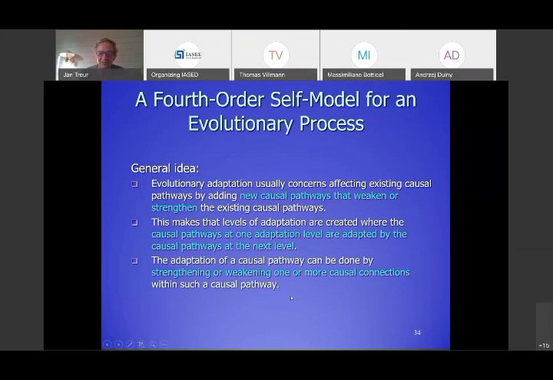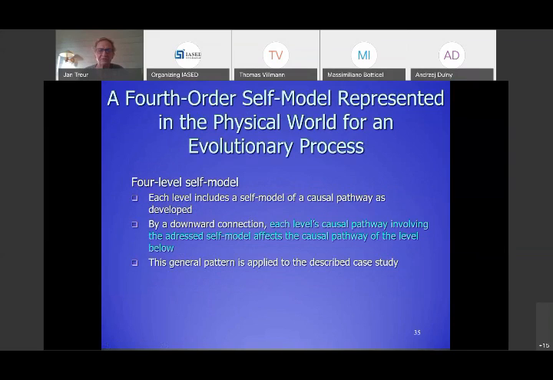I will illustrate it by a relatively simple model, a 4-level self-model. So it's 4th order adaptive. Each level includes a self-model of a causal pathway as developed in the lower levels, and by a downward connection, each level's causal pathways affect the causal pathway below, and that is described for this case study.